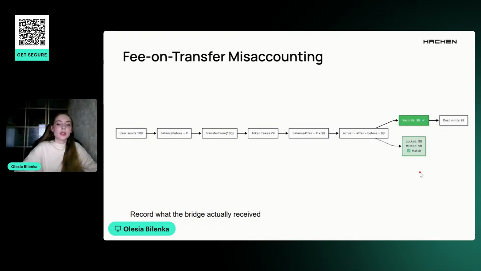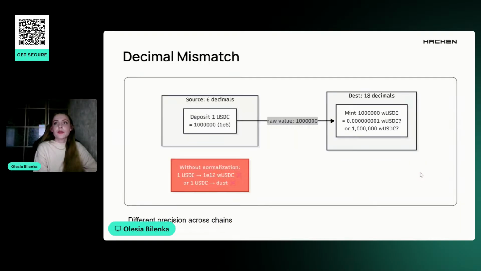So let's go to the third failure pattern, which is decimal mismatch. Some tokens, even if they are the same token deployed on different chains, may have different decimals. Let's say USDC has 6 decimals on Ethereum, but some version might use 18 decimals on the destination chain.